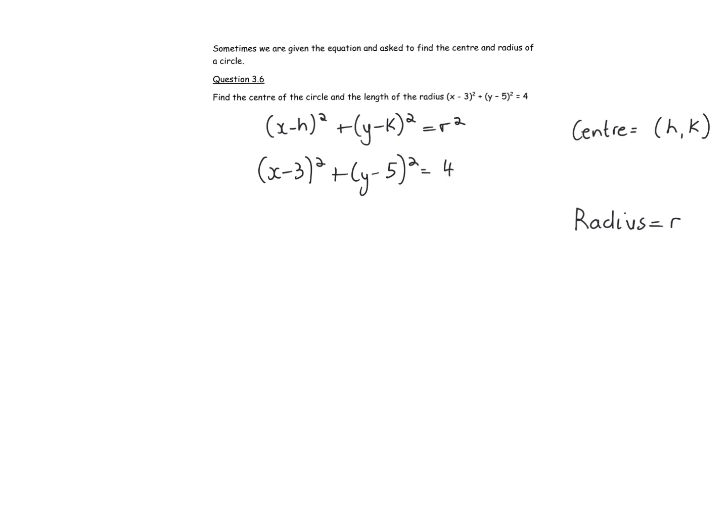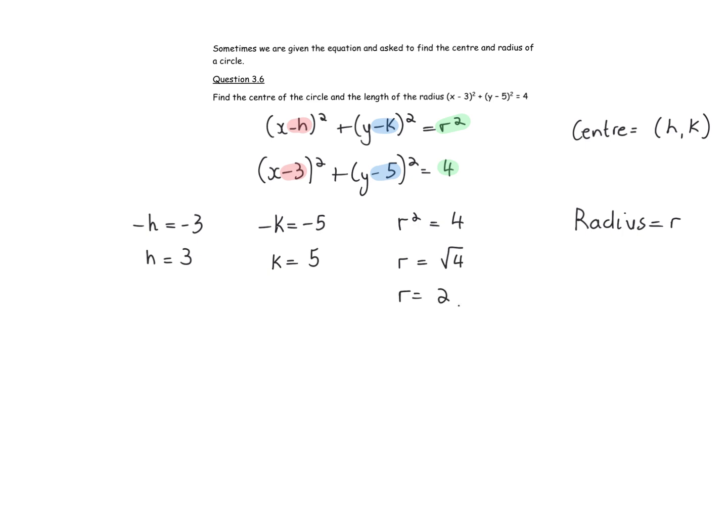Comparing what we have, the minus h will go with the minus 3, the minus k will go with the minus 5, and the r² will go with the 4. So we have −h = −3, so then h, you just change both signs, will be 3. −k = −5, so changing both signs we get k = 5. And then r² = 4, so r = √4, which is equal to 2.